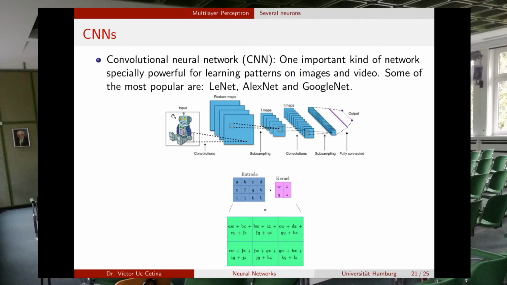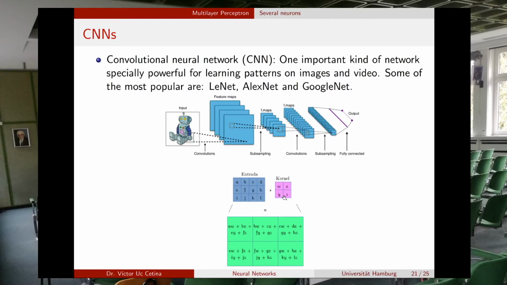Suppose that you have as input an image, and instead of assigning to each of the pixels in the image a weight, like in the previous example of the multi-layer perceptron, what you do is define a matrix of weights that is called a kernel.